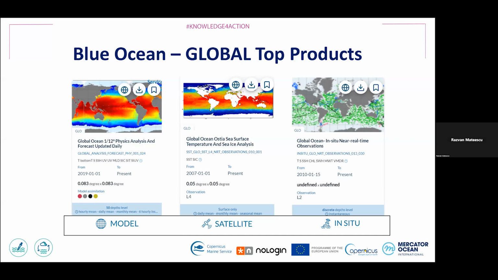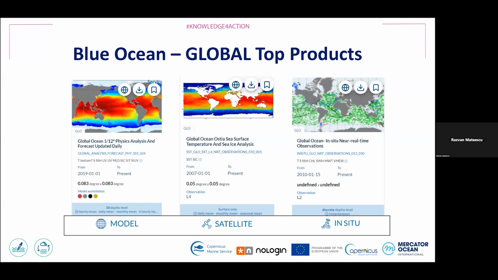From 2019 up to present, and this gridded data is produced with a very skilled model assimilation scheme. Also for satellite data, you'll find the global ocean sea surface temperature and sea ice analysis data since 2007, at the level of processing of interpolation, so L4 products.